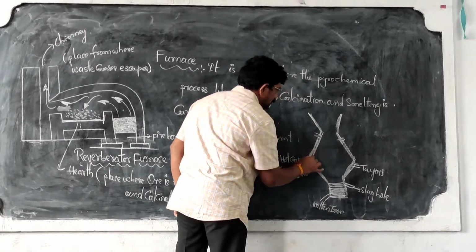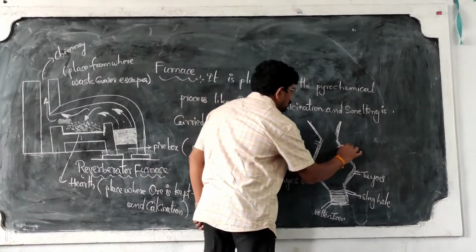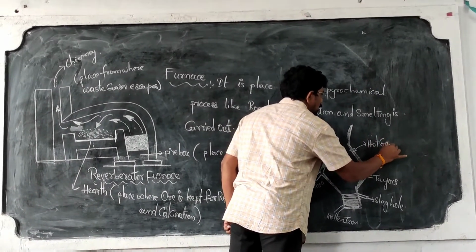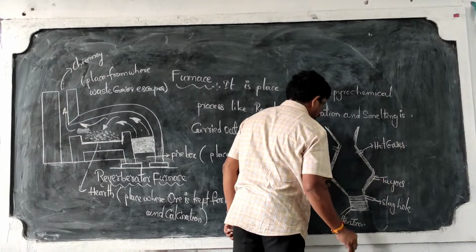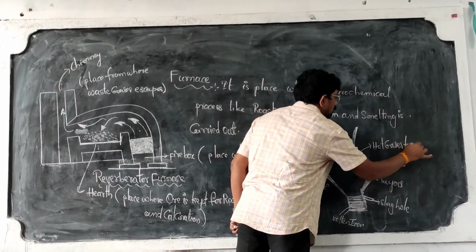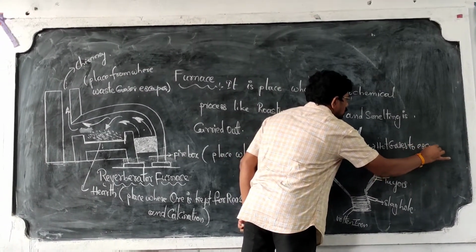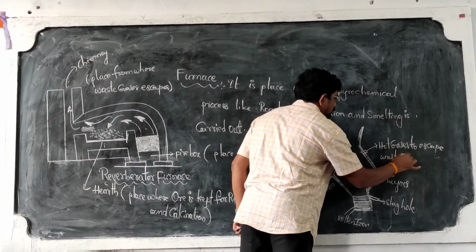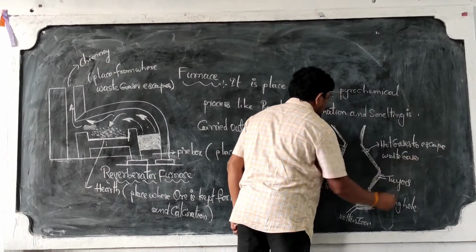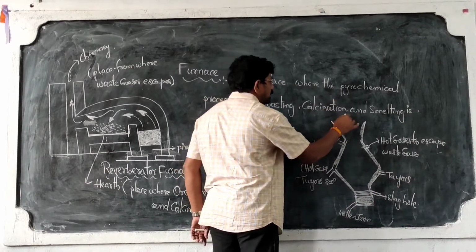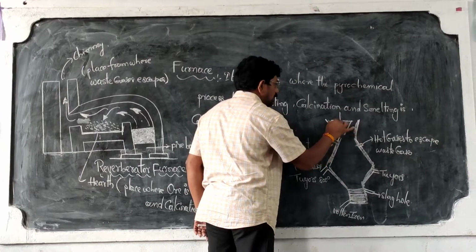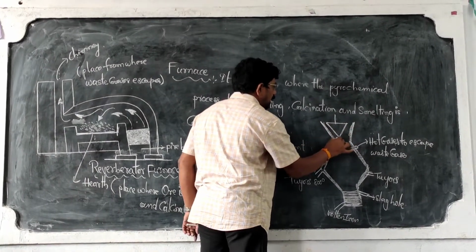So this is the vent for the hot gases to escape. Vent for waste gases, we call it. Next, from the top of the furnace, observe this one, there is a cup and cone arrangement.